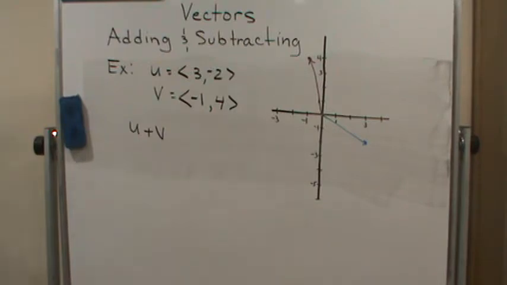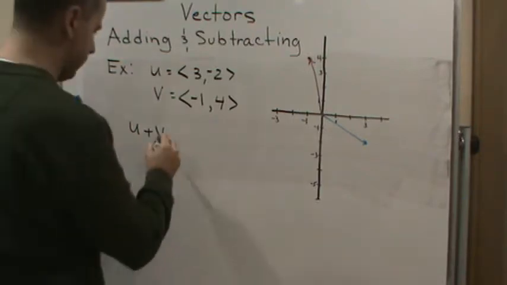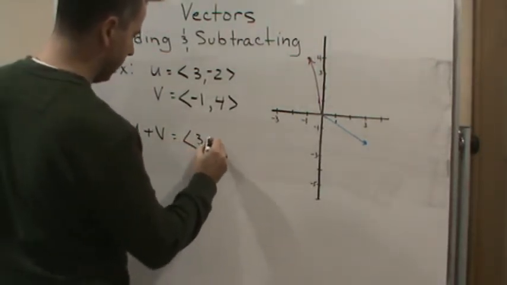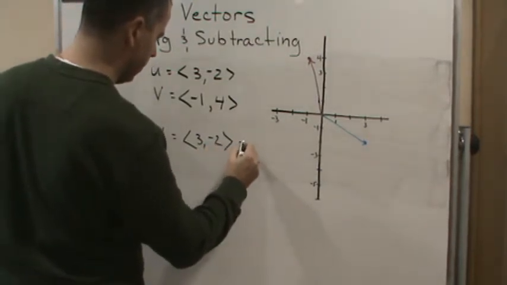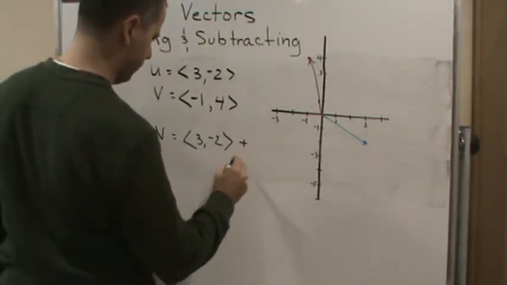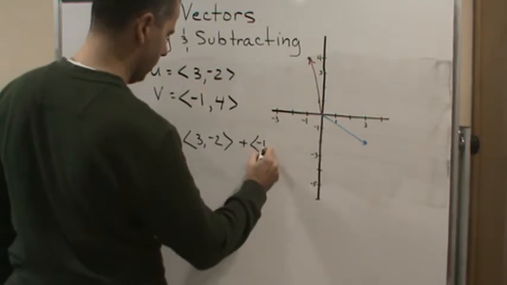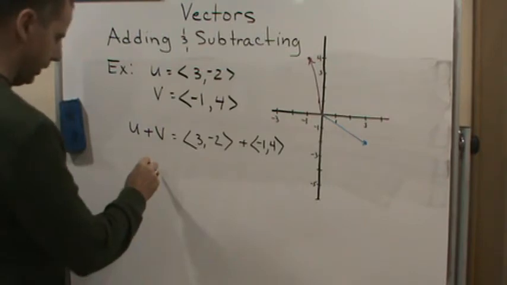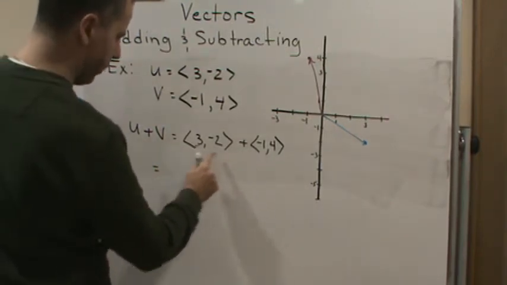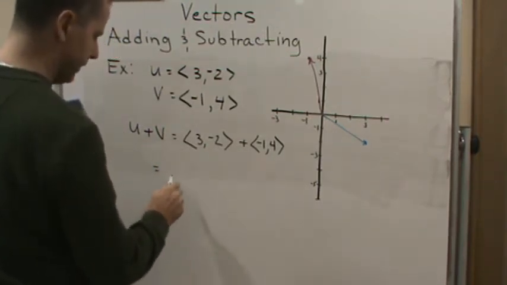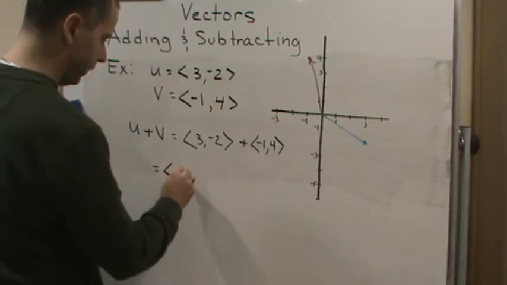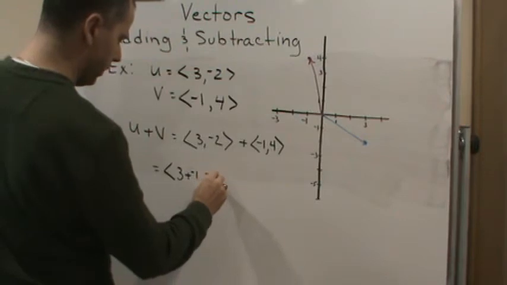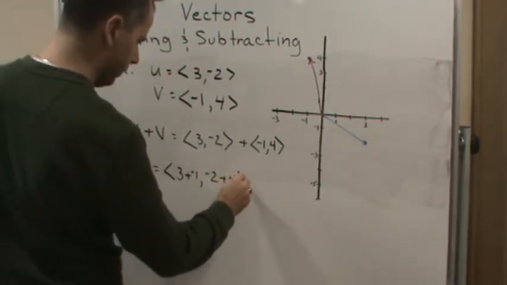So if we want this, we would write this as 3 comma negative 2 plus negative 1 comma 4. Okay? And so we would add, component-wise, the 3 and the negative 1. So it would become 3 plus negative 1, comma, negative 2 plus 4.